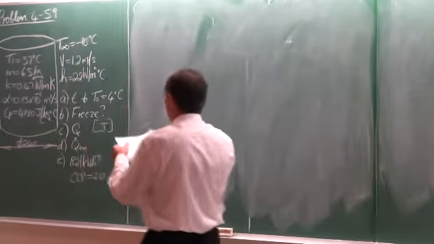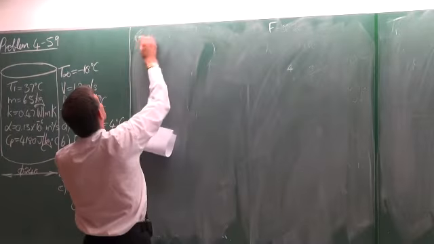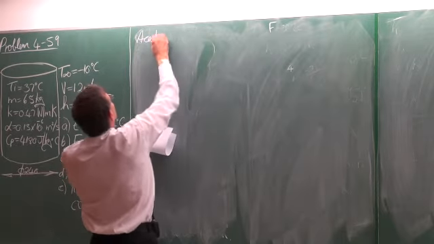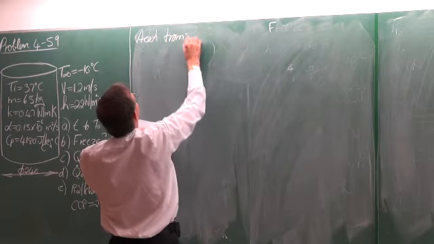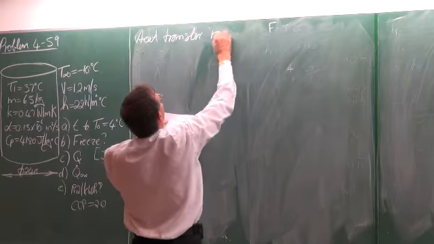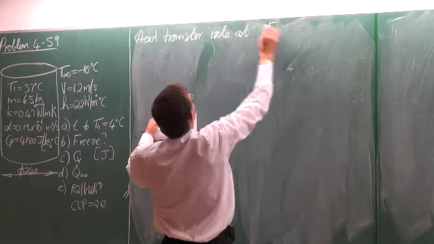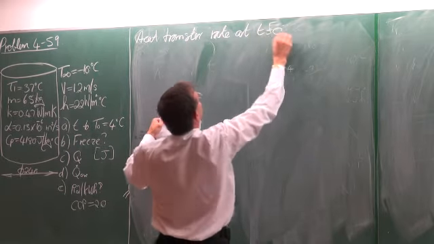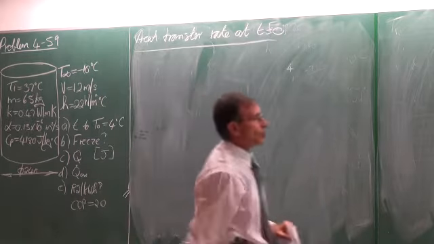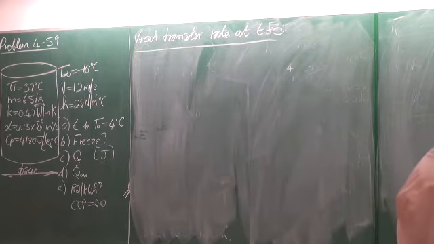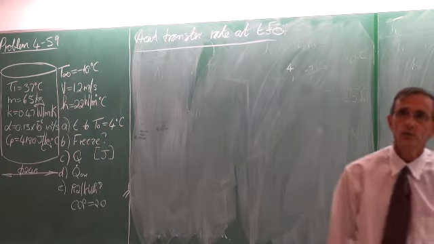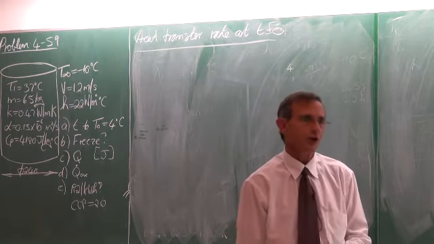So let's go and calculate the heat transfer rate at T equals 0. What would the heat transfer rate be at T equals 0 when you just put it on?